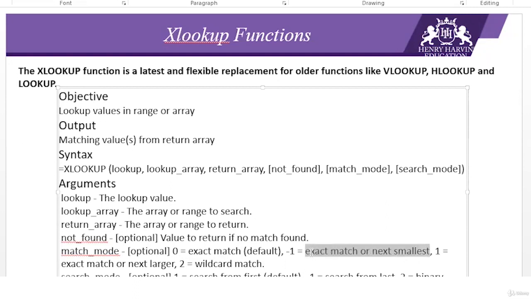You can read this line, guys. 1 equals exact match or next larger value. All right. So you know the difference. And match mode 2 equals wildcard match.